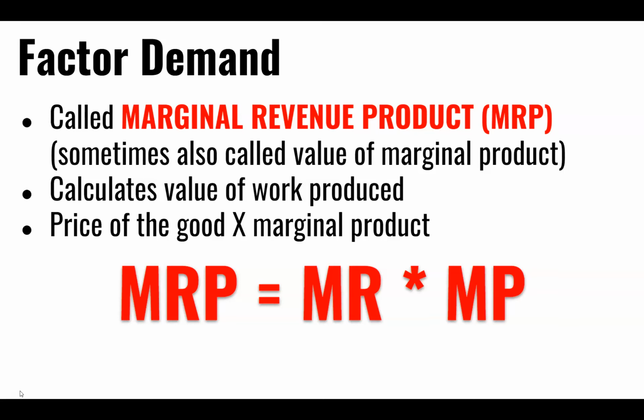So you take the price of the good they're producing and multiply it by their marginal product. You're multiplying the price of the good by the number of goods that each subsequent factor of production is adding to our total production. And as long as this marginal revenue product, the value of the work that they're creating, is more valuable than what they cost, I'll be willing to hire that factor of production.